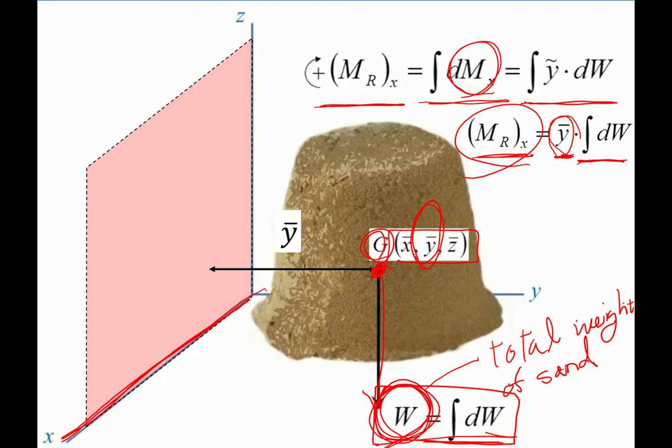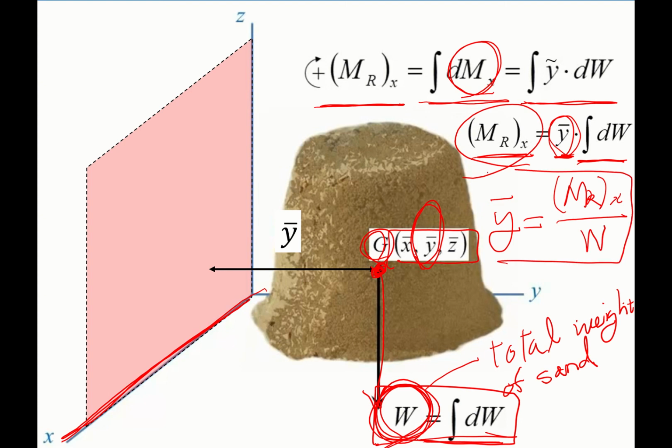So we can calculate the y bar as resultant moment about the x-axis divided by the total weight. So now we have one equation to find the center of gravity.